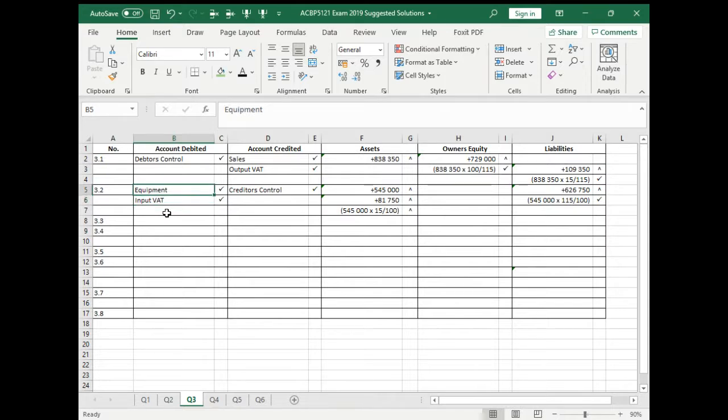Now remember, equipment is exclusive of VAT, so the amount they've provided for us would be the amount that is assigned under the asset category to that equipment account. Then the input VAT we need to go calculate. Now that is the amount exclusive of VAT multiplied with 15%, gives me the VAT that I claimed amount.